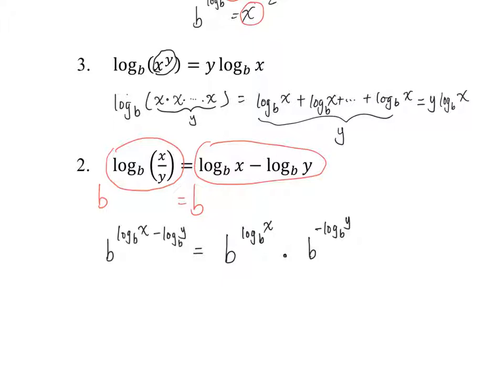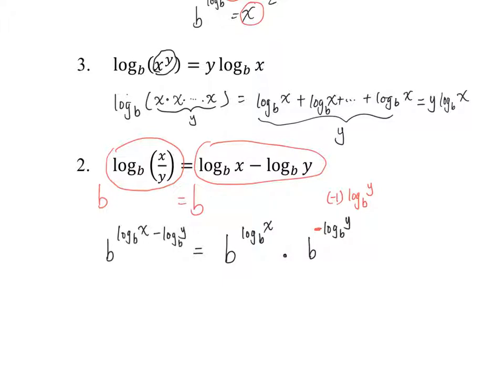So the thing that you want to think of is this negative log with base b of y should be thought of as negative 1 times log with base b of y. Now you can move this negative 1 to the power, right?